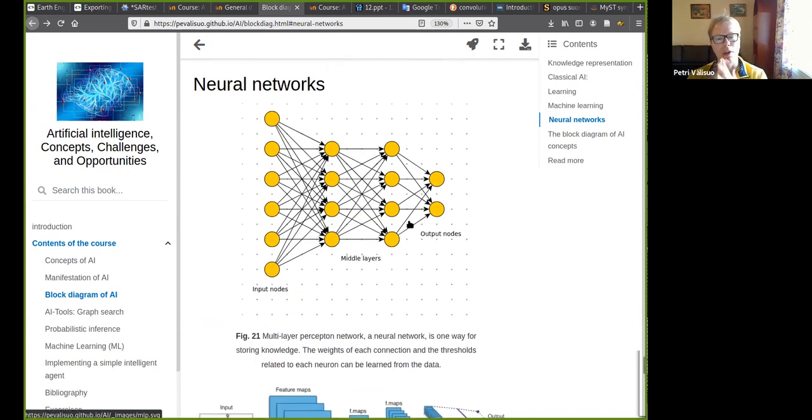And one more thing about general intelligence: nowadays maybe the biggest neural network available is called GPT-3, and it's a huge neural network. It has been reading texts, a large amount of articles on the internet, and it's learning to write texts, and it can already produce text that is hard to distinguish from a human author.